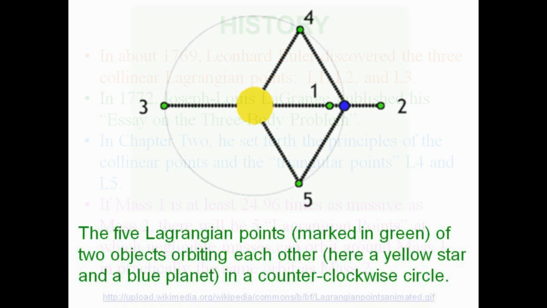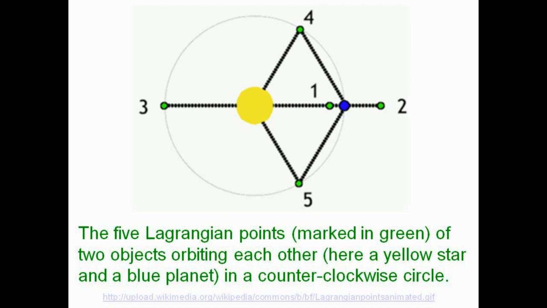Here's the 5 points again shown in this diagram, which I might be able to get to work. Here's, for example, the Sun and the Earth. The first and second points are exaggerated in their difference in distance from the second mass here. The larger this is compared to that, the closer those distances get together.